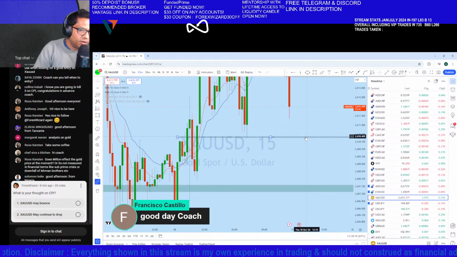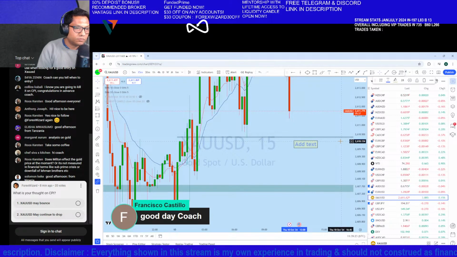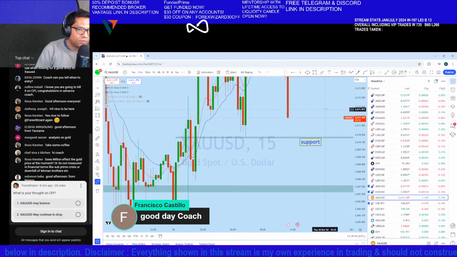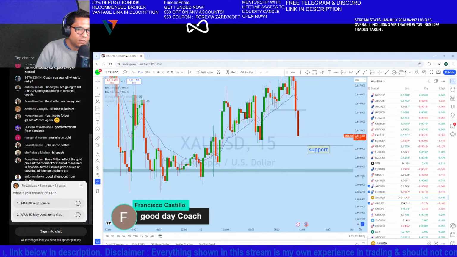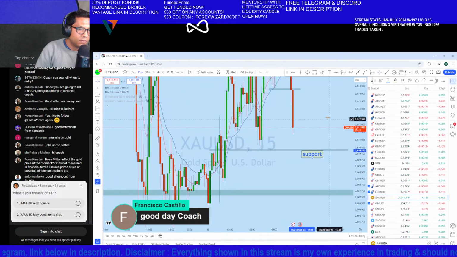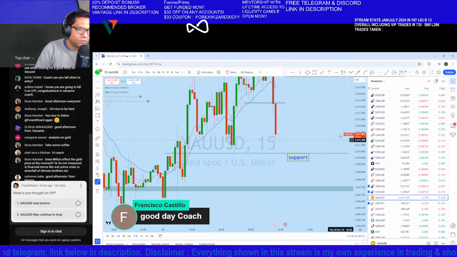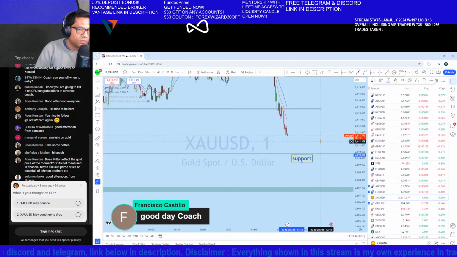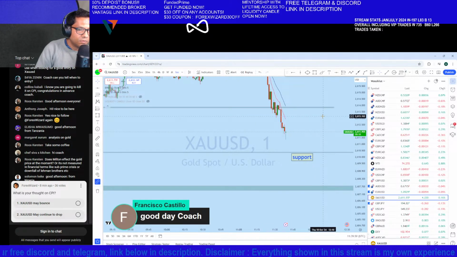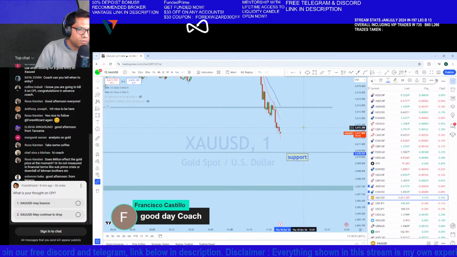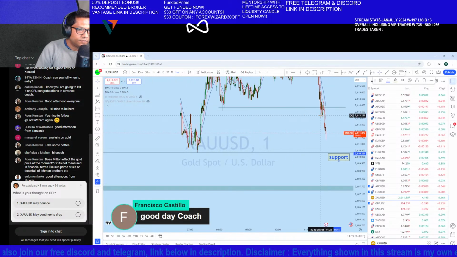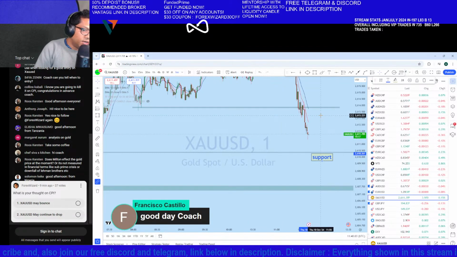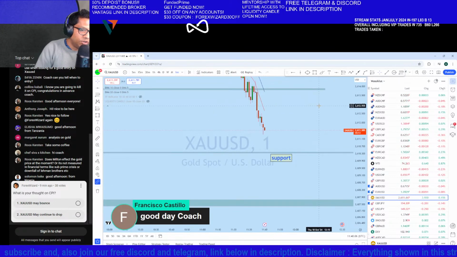Especially this support is a very important level. We want to see it drop to the level, and then we can look for a potential entry to see where it is heading.